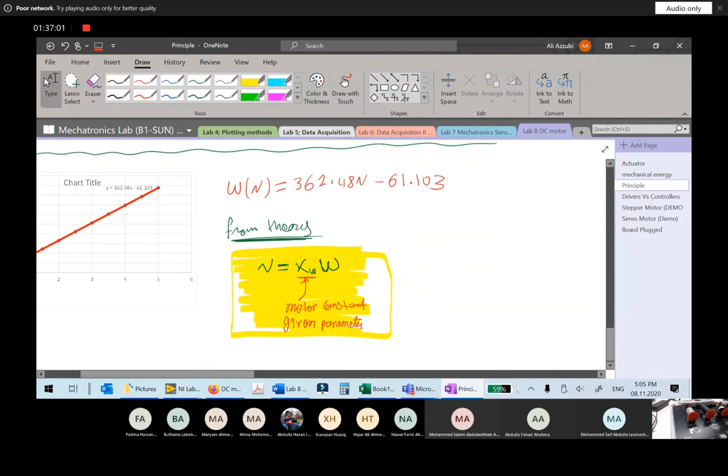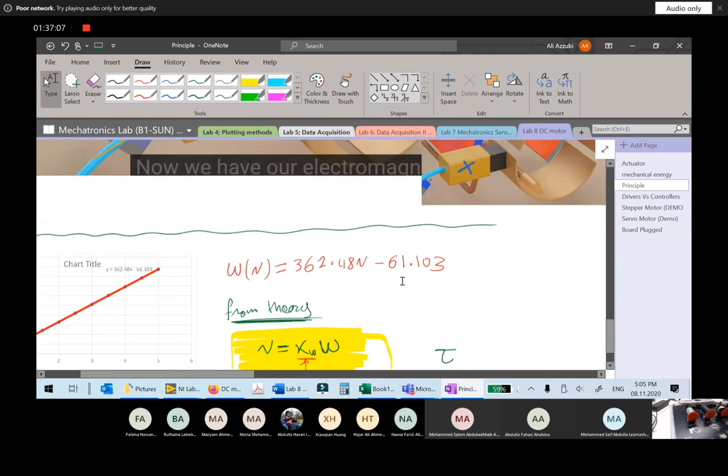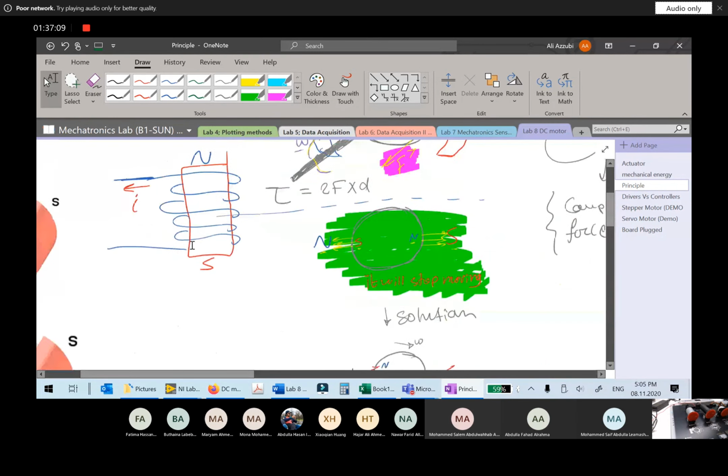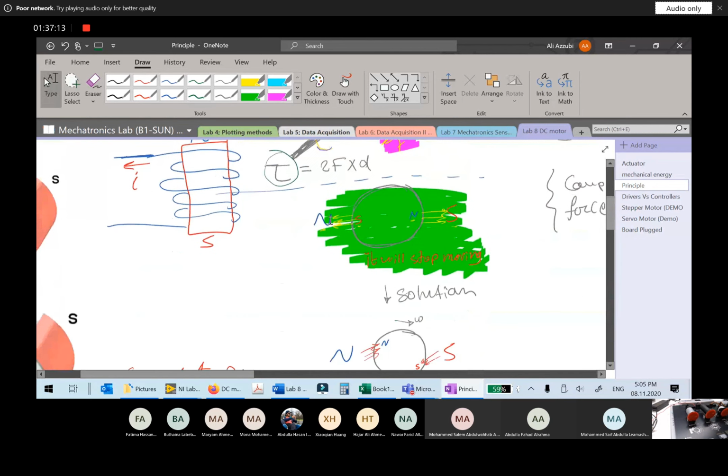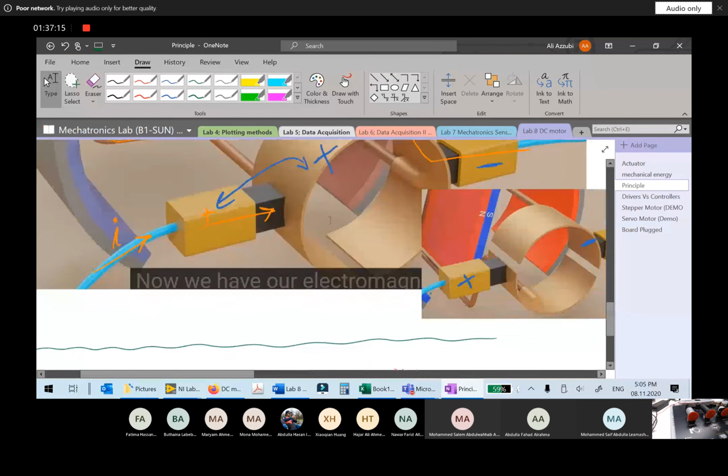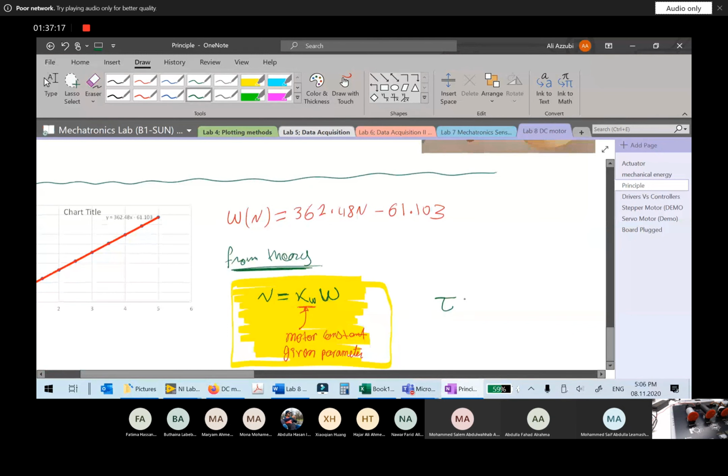Now to add to your information, it's the same for the torque. The torque that is generated in the motor, you remember that we had a couple force, and this couple force will generate a torque. Now this torque is given to me as KT times the current in the motor.